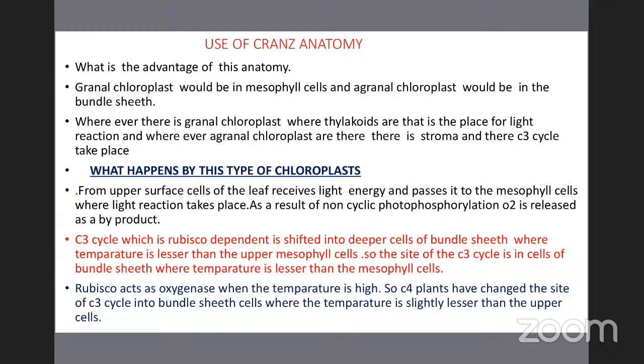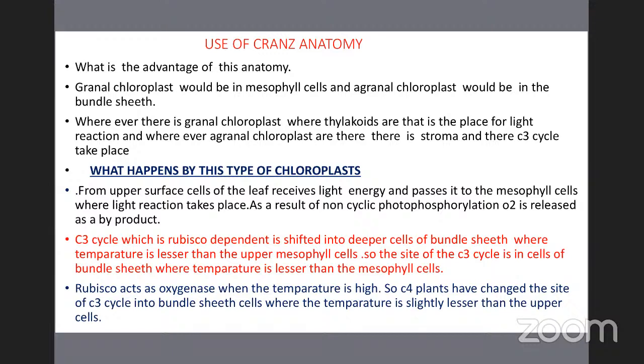These protons help in reducing NADP plus into NADPH plus H plus. So for reducing this NADP plus, these protons are useful, and the electrons released through this photolysis help in fulfilling the electron loss in PS2.